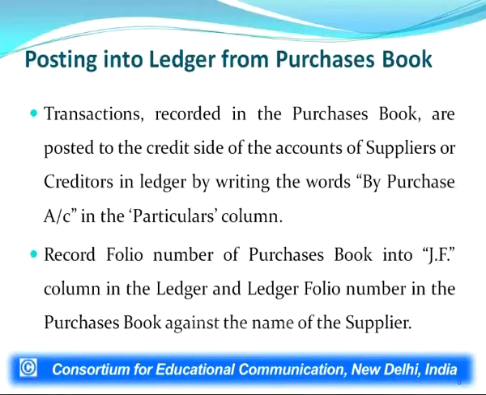On the credit side, we shall make posting by purchases account in the particulars column, and the folio number, as already discussed in the previous lecture, that the folio number of the purchase book will be recorded in the ledger folio column, and in the ledger the purchase book folio number shall be recorded. So, they are the cross reference for verification.